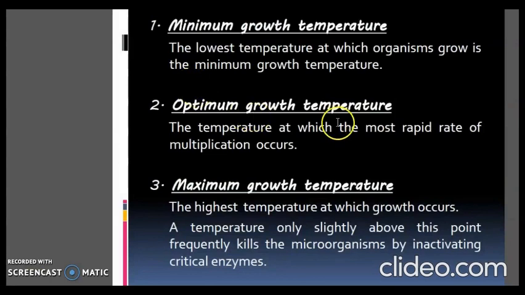The temperature at which the most rapid rate of multiplication occurs is termed the optimum growth temperature. The highest temperature at which growth occurs is termed the maximum growth temperature. And a temperature only slightly above this point frequently kills the microorganisms by inactivating the critical enzymes.